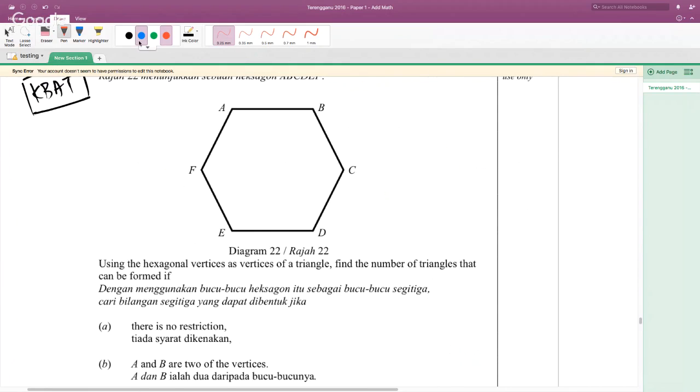So what I was trying to teach you is about the logic here. Since you have 6 points here, you don't need to care about how they form the triangle. But something you have to know is, if you have 6 points here, every time you want to form a triangle, you need 3 points. Then you just do 6C3. Means you have 6 points from the hexagon, and you need to use 3 points to form the triangle.